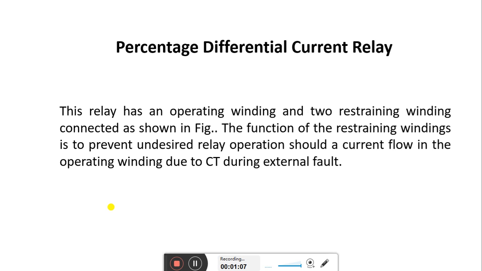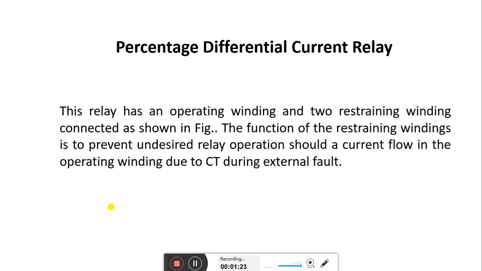Once the operating coil operates, the differential relay will operate and the system will be tripped. So this happens without any fault in the system.